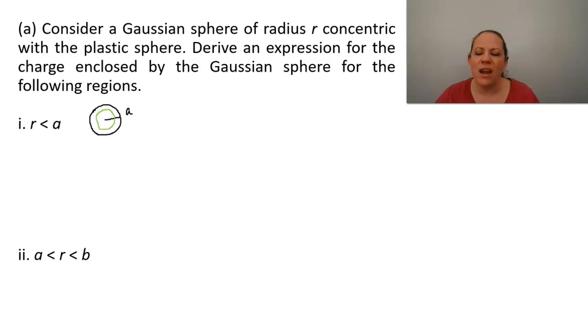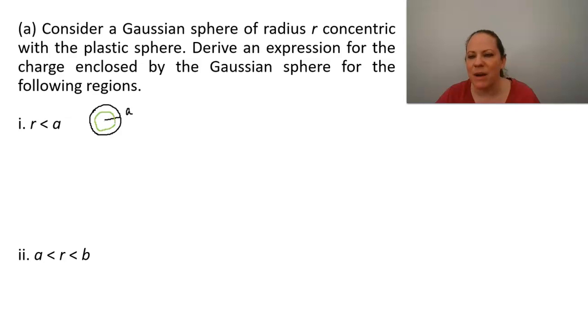So we are not enclosing the entirety of that inner sphere. We need some portion of its volume. And that's something that's going to be a critical part of answering this question.